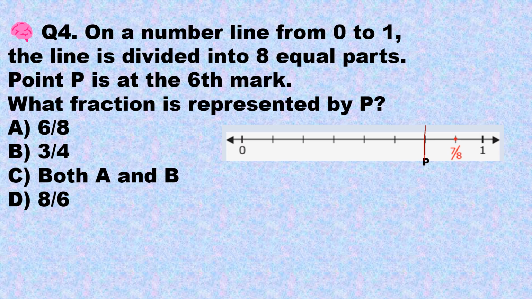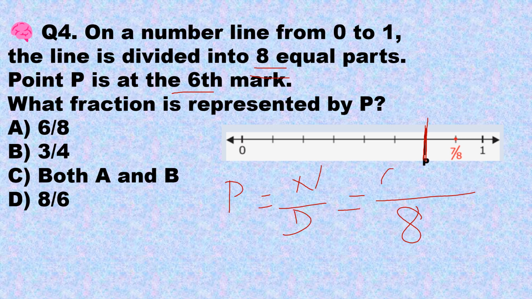So again we can write P equals numerator by denominator. There are 8 equal parts, right? And point P is at the 6th point. So 6 by 8.